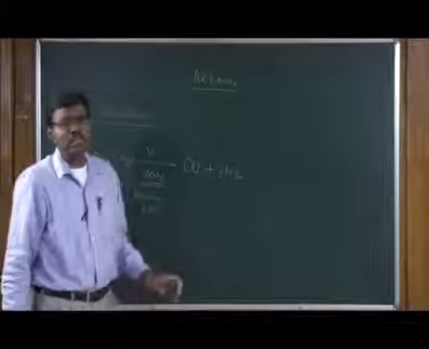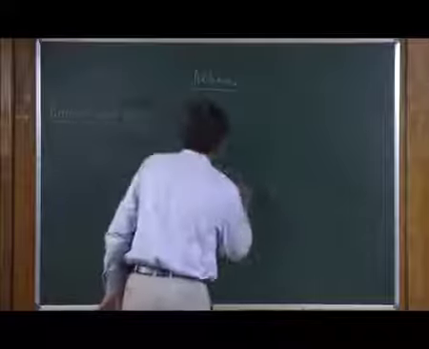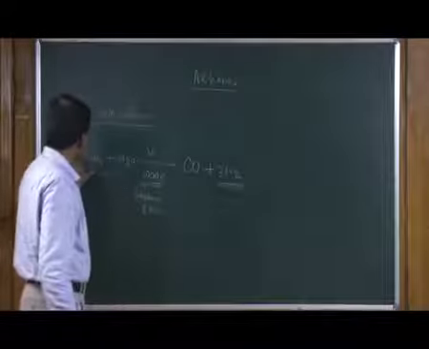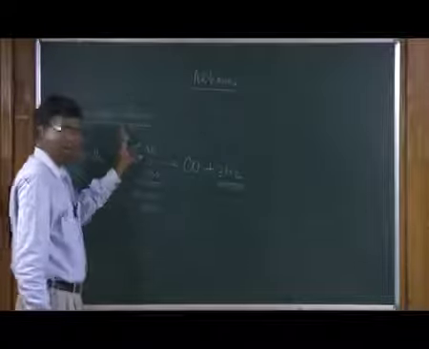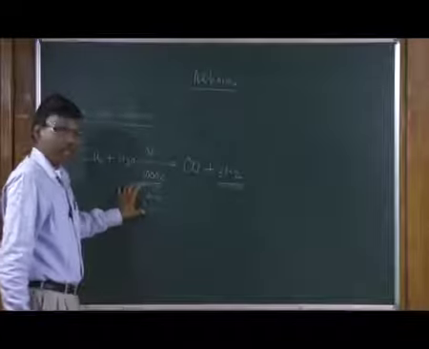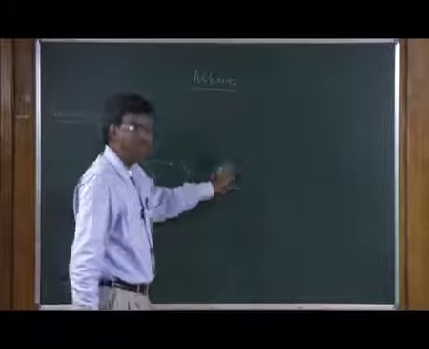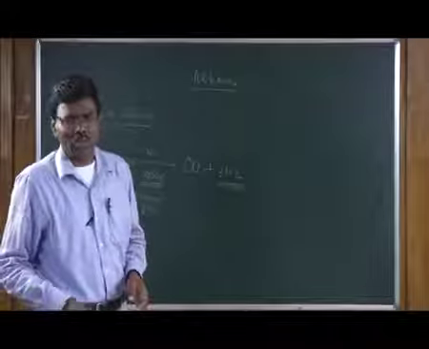So, this is the process industry uses to make hydrogen gas. When you treat alkane with steam at higher temperature, in the presence of catalyst and the absence of air, that is very important, you produce carbon monoxide and hydrogen gas. This is used by industry to prepare hydrogen gas.